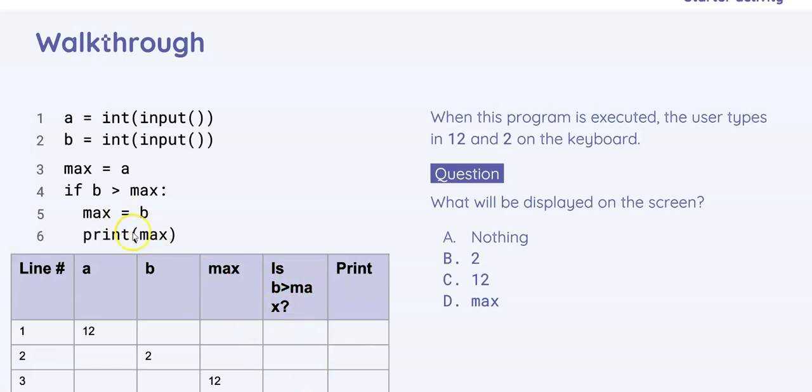In this case, B is 2 and max is 12, so that means it is false. So we're going to put false here. Now this bit of code will only execute if B is greater than A. Since B is not greater than A, it is not going to print anything. So the answer is actually nothing.